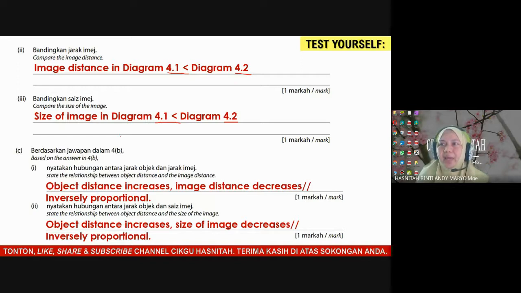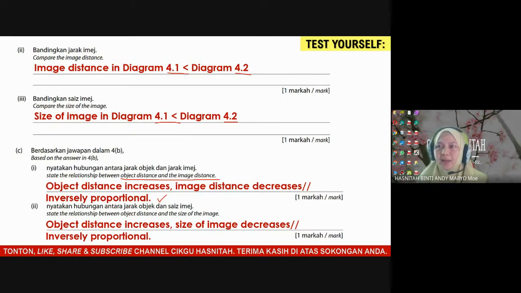Based on the comparison we made, we write the relationship. State the relationship between object distance and image distance. From the comparison we made earlier, when the object distance increases, the image distance decreases, or you can write they are inversely proportional.